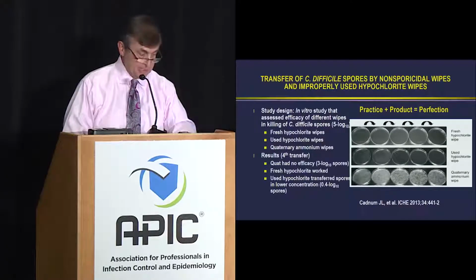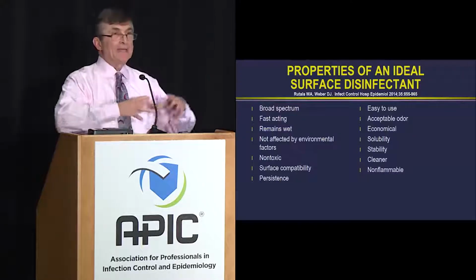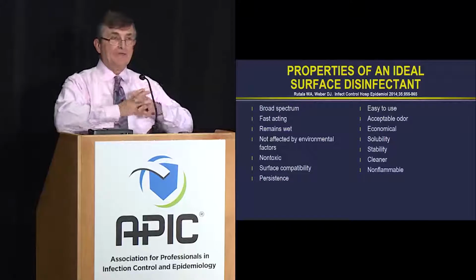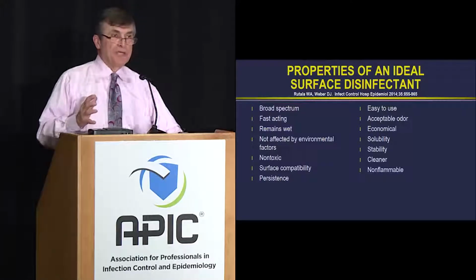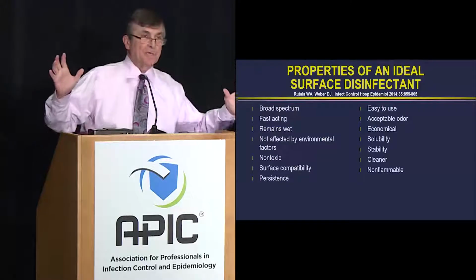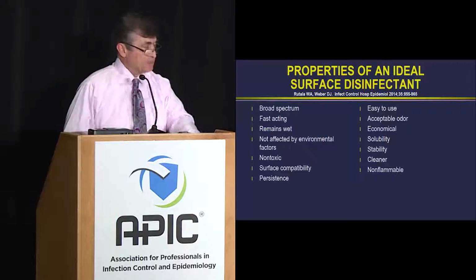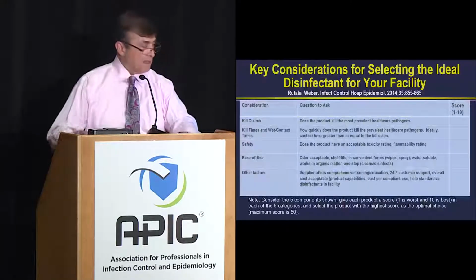As far as properties of an ideal disinfectant, we could talk about an hour on the properties of an ideal disinfectant. We don't have an hour to talk about these, but you know what these properties are. If I took 5 people aside and talked about the properties, you would come up with these properties. And of course, they include things like broad spectrum, fast acting, compatibility, and so forth.